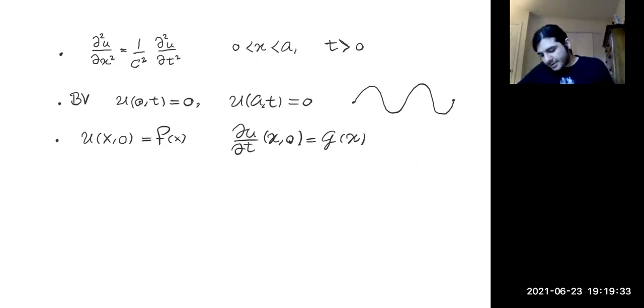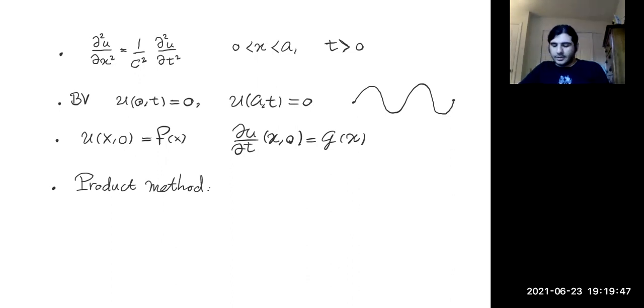So the idea is very similar to what we did before. We start by using the product method. Similar to what we did for the heat equation, I would assume that u of x and t can be written as a product of two functions, where one is only a function of x.